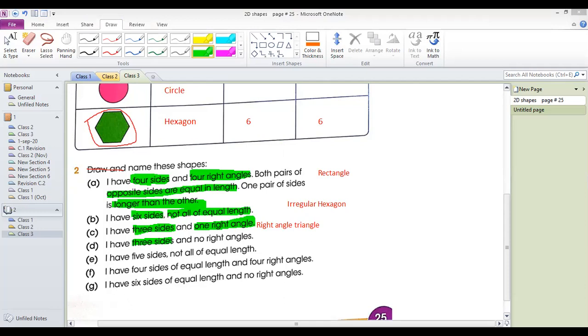Right angle. Triangle. There is only one 2D shape which has three sides. Did you not take classes before? We discussed all of these in detail: rectangle, square, triangle. We completed them in our notebook also.